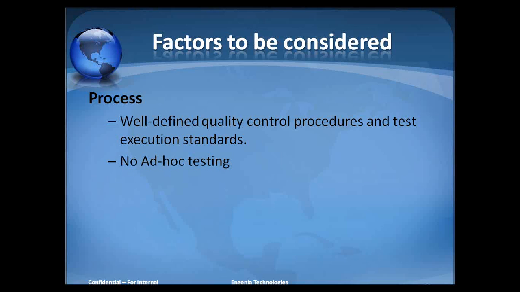There should not be any ad hoc testing, because automation will not sponsor ad hoc testing, and we will not be able to do justice with the application if we are doing ad hoc testing, because each and every test case and test script that needs to be automated has to be finalized.